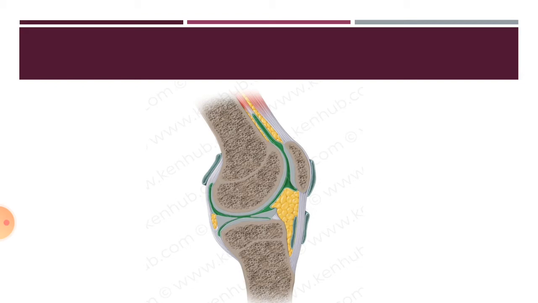There will be fat pads, which are highlighted with yellow, and there are menisci as well, for example in the knee joint. There will be extracapsular ligaments, intracapsular ligaments, and the extracapsular muscles as well. So these are all the structures associated with the synovial joints.